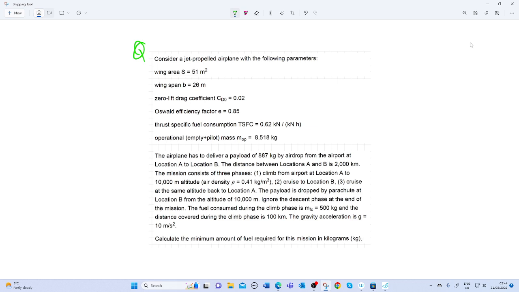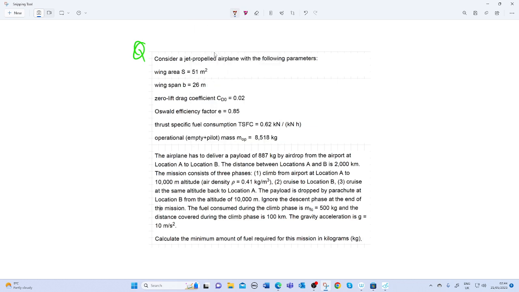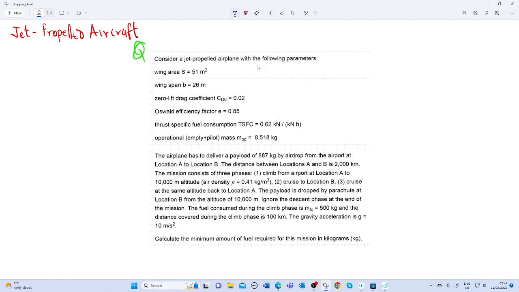First of all, let's approach this question by pulling out all the flight parameters given to us. Today we have a jet-propelled aircraft.